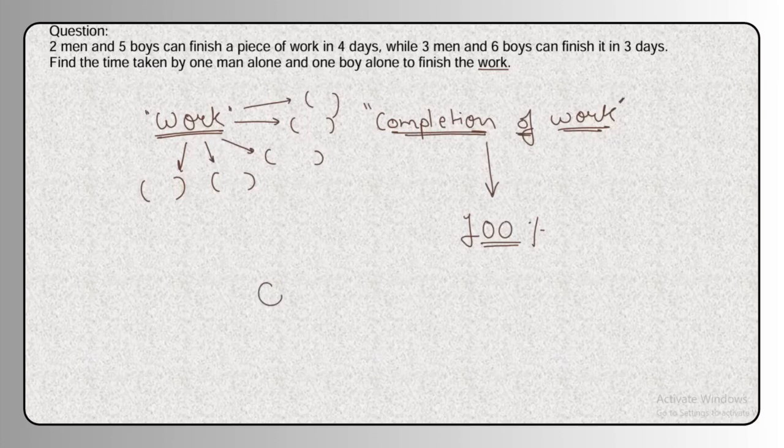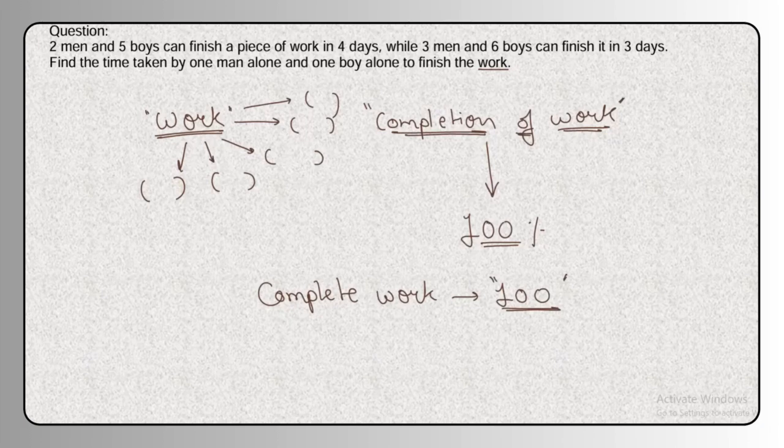So complete work means what? A complete work can be said to be completed if 100% of it is done. So complete work contributes to 100. I've just given a way to express completion of work, right? Complete work means 100. Okay.